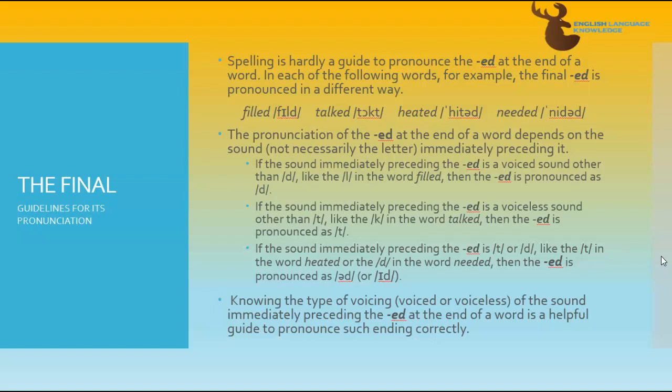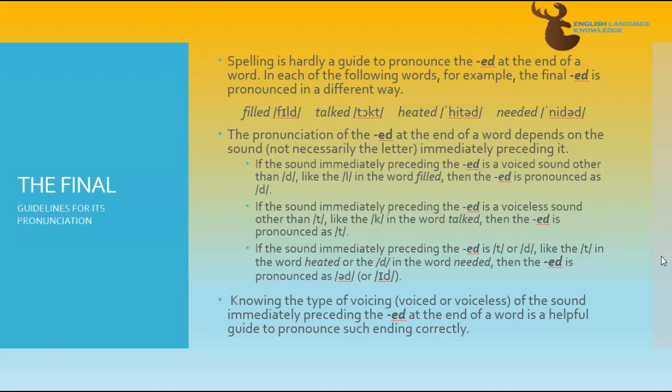The next rule is for the t and the d preceding the ED. For those cases in which we have a t or a d preceding the ED. Okay? In those cases, like in the word heated and in the word needed, then the ED is pronounced as a separate syllable, as ed or id.